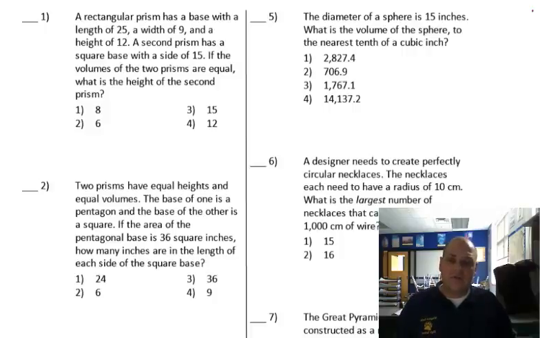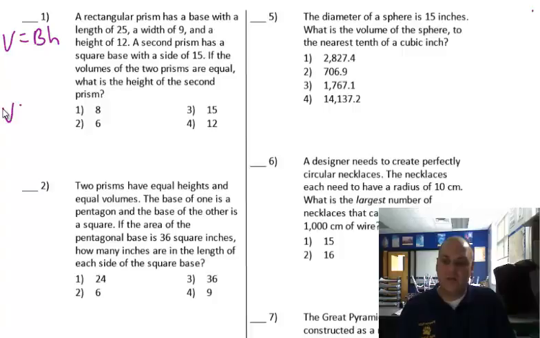All right, so without any more delay, we'll start getting into this. So we have a rectangular prism with a rectangular base. The length is 25 and the width is 9. So volume equals base area times the height. That's for the rectangular prism. Then there's a second prism with a square base.